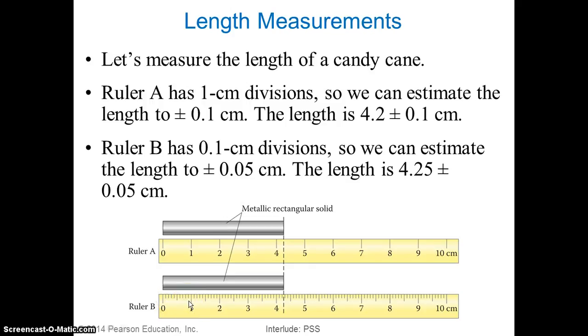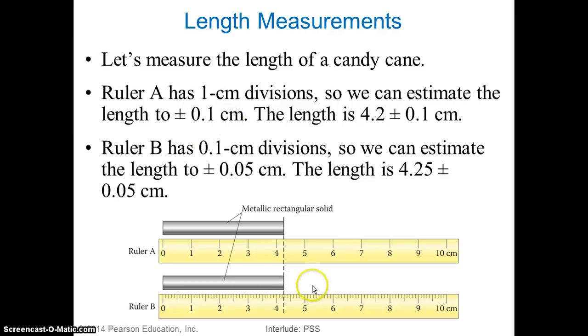Now let's take an example of a metallic rectangular solid, and we are going to measure it with ruler A and B. When we measure this solid with ruler A, it gives a length of 4.2 plus or minus 0.1 centimeter, because ruler A has 1 centimeter divisions, and we can estimate length to plus or minus 0.1 centimeter.